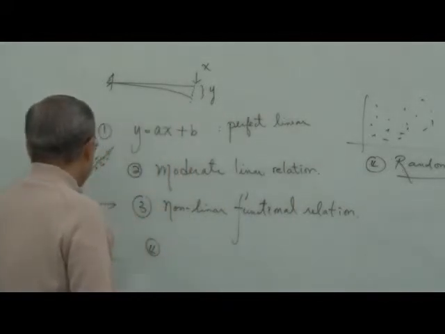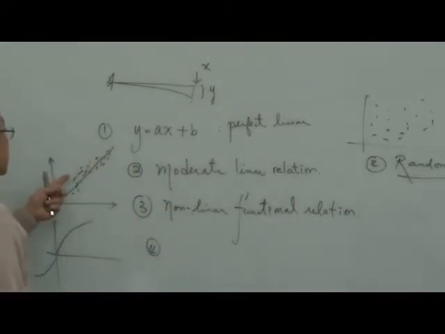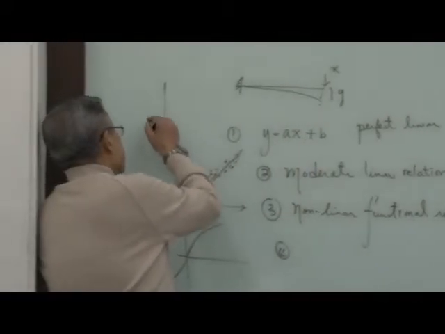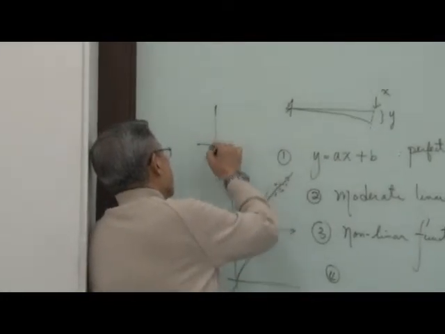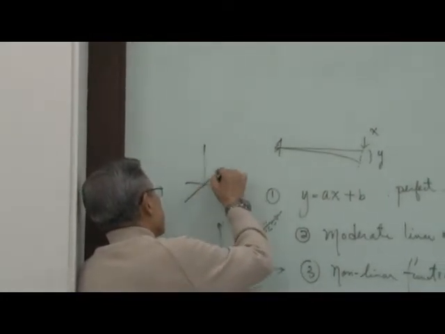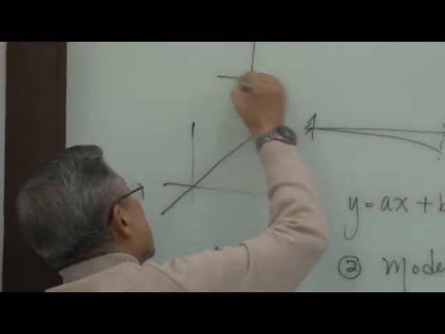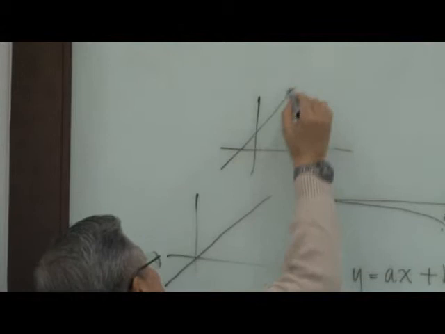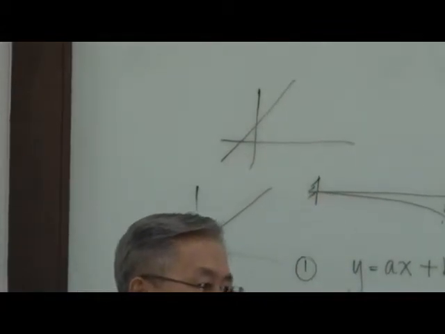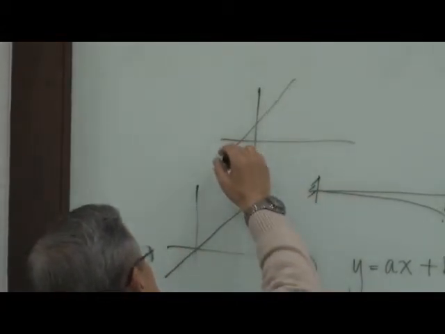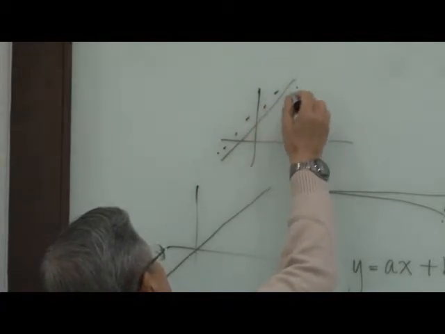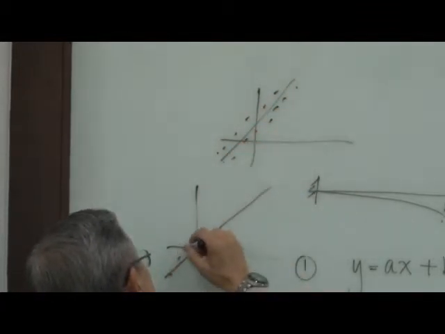So, for example, this relation, another one could be like this. Doesn't have to be like this. Could it be like this? But the spread could be here. Then you can approximate like this.